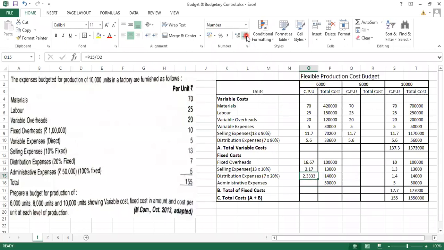Just round it off and take up to 2 decimals. And the last one, 50,000 divided by 6,000. 8.3333. Just round it off up to 2 decimals.